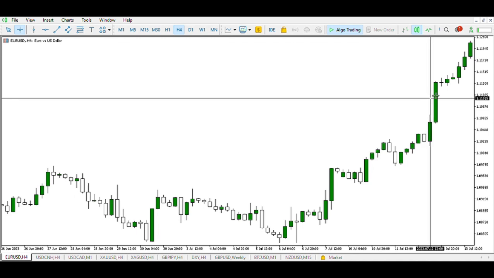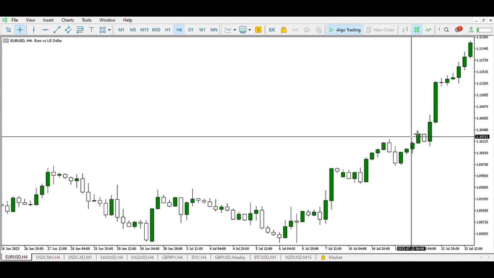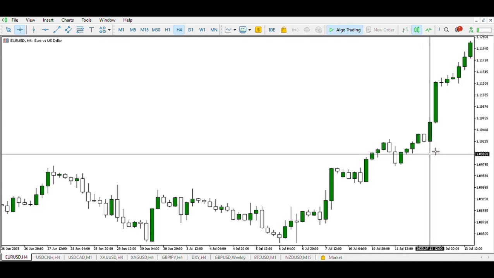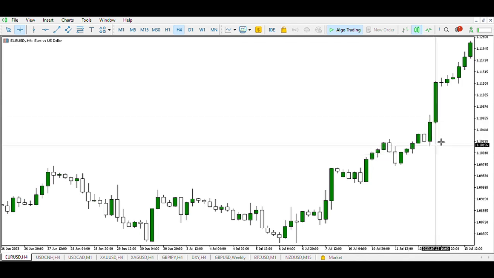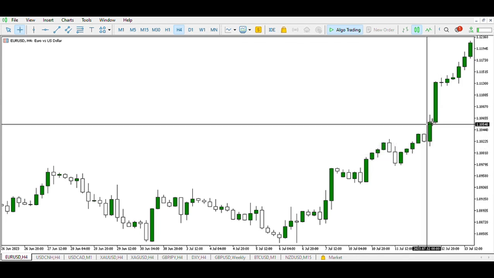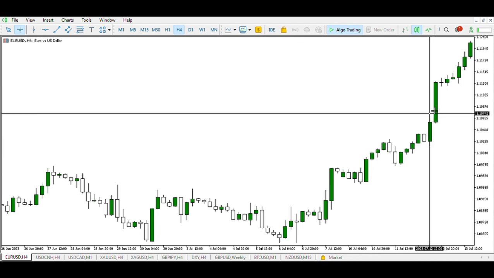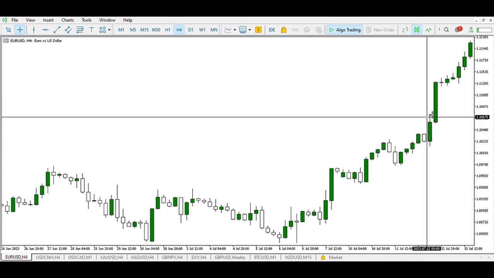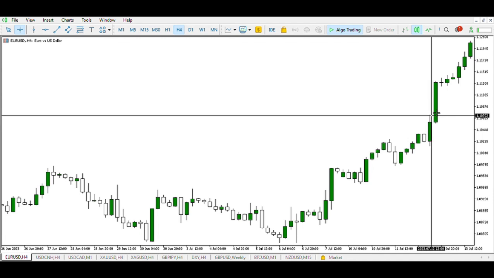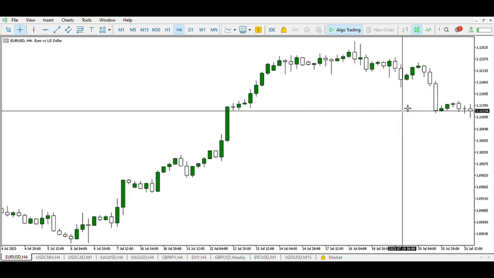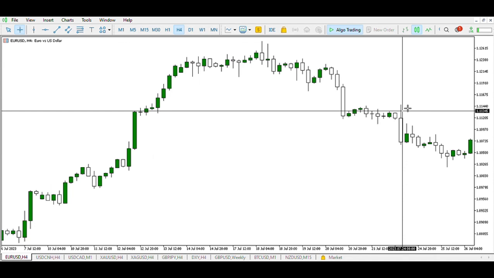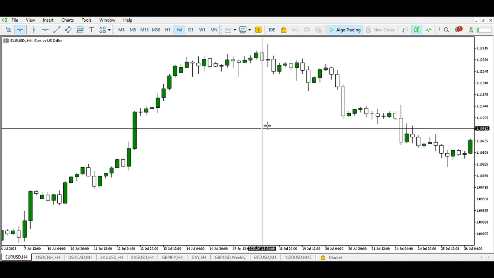So now to identify a false resistance, whichever candle you see that forms as the first candle of the day, maybe you see a bullish engulfing that forms as the first candle of the day, it is a false resistance or support.